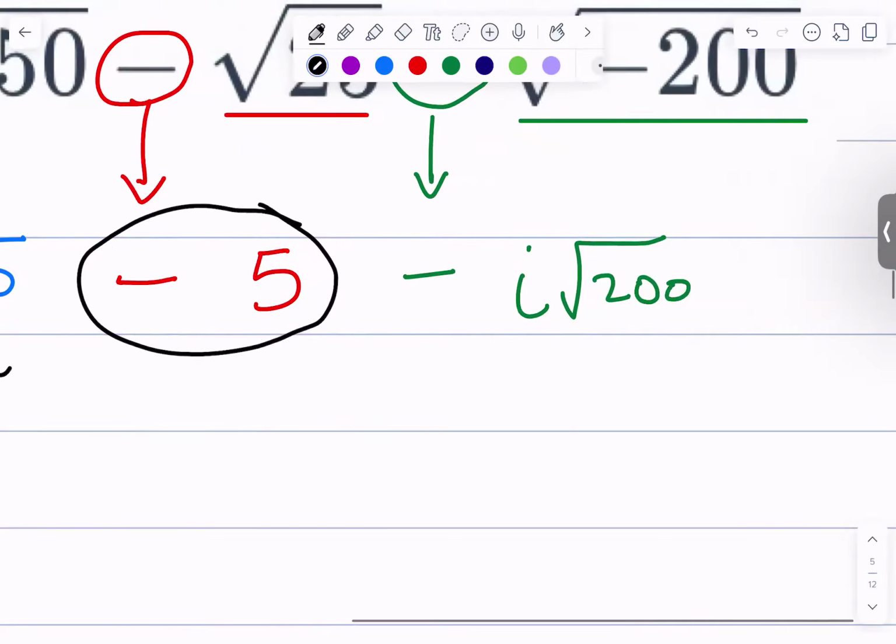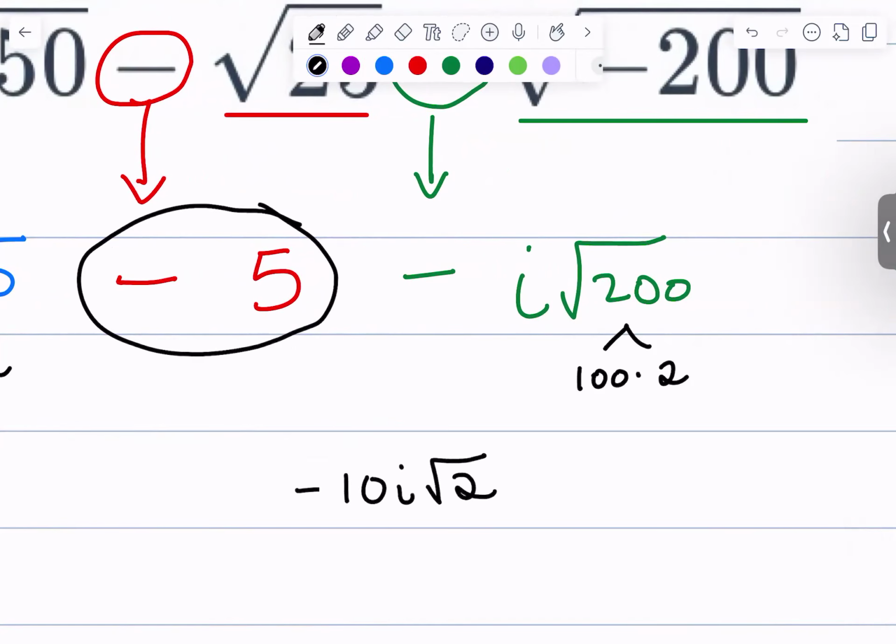And then the 200. What number goes into 200? What perfect square? 100. So 100 times 2. So does everyone understand again? It's negative 10i square root of 2, because the square root of 100 is 10.